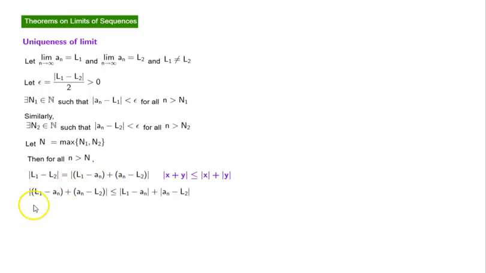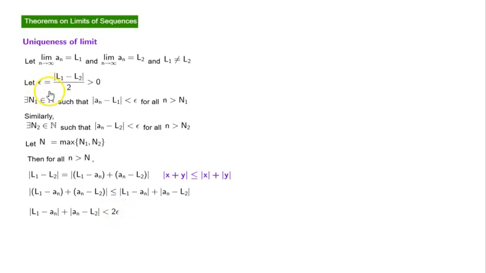We get magnitude of L1 minus a sub n plus a sub n minus L2 is less than or equal to the magnitude of L1 minus a sub n plus magnitude of a sub n minus L2, which is less than 2 times epsilon. Why?